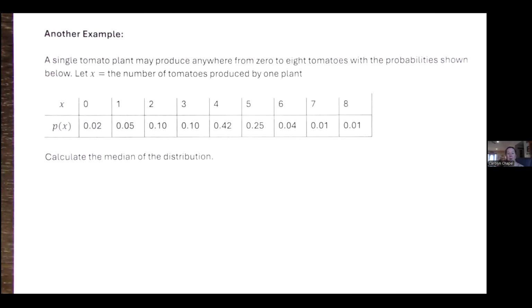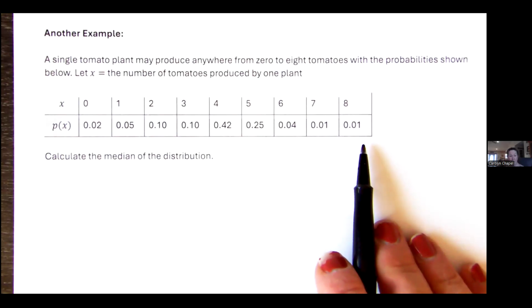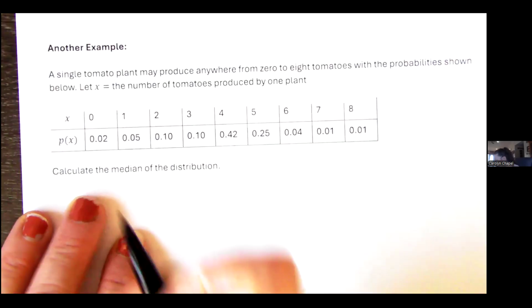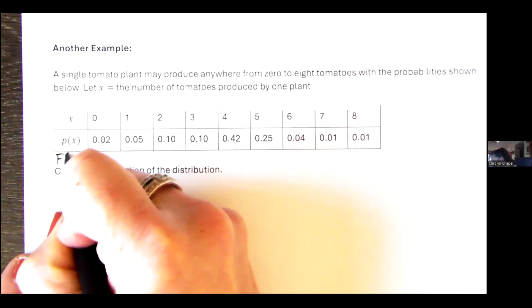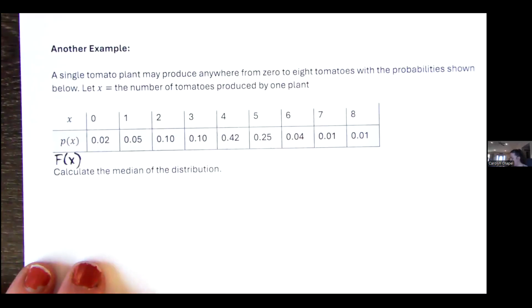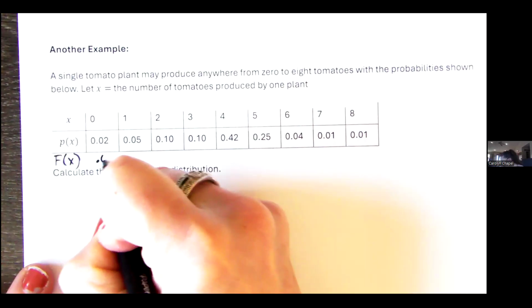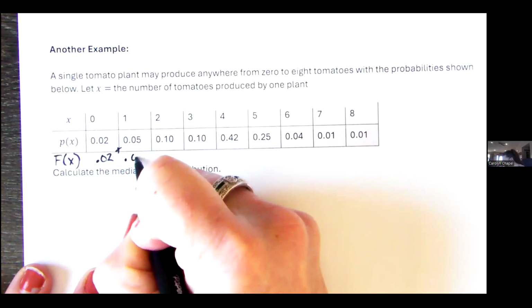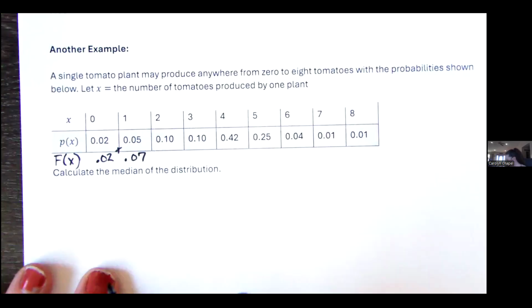Here's another situation. We have a single tomato plant, and it will produce anywhere from 0 to 8 tomatoes. This is a probability of the number of tomatoes, and we're going to calculate the median. So I'm going to calculate underneath that cumulative piece. Cumulative meaning we're adding on. So I'm adding on the 0.05 to get 0.07.